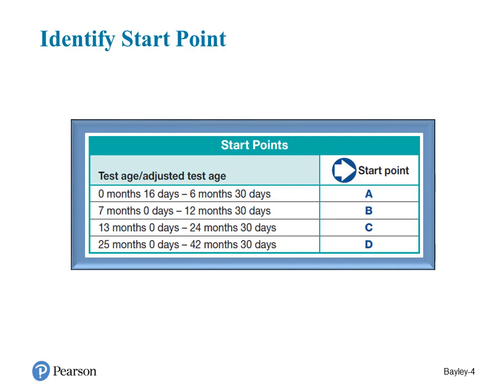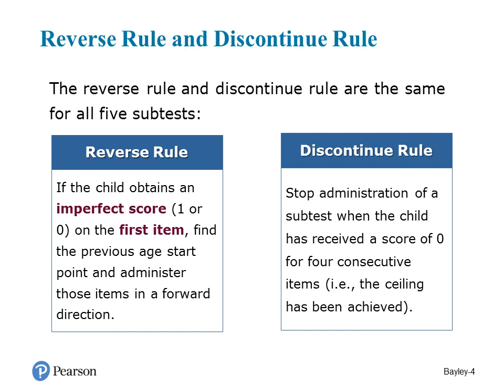But the age or the adjusted age will be used to identify the start point, just like we do on Bayley-4 Screening Test. The reverse rule and the discontinue rule conceptually are the same as they are on the Bayley-4 Screening Test. So the discontinue rule: stop administration if there is a score of 0 for 4 consecutive items. So that'll be your ceiling. The reverse rule is the same conceptually.